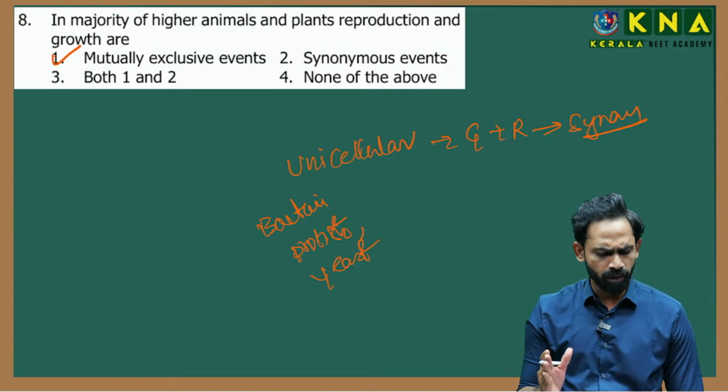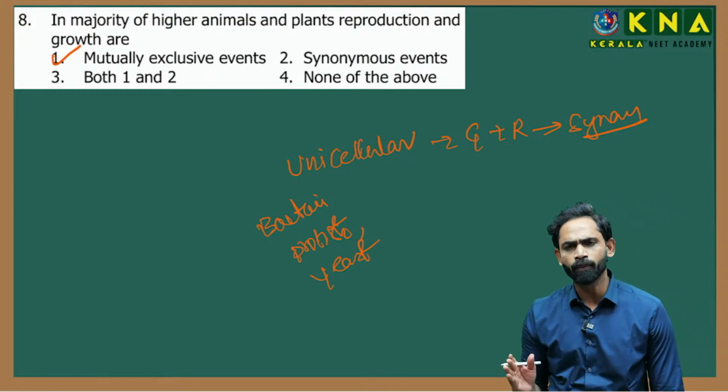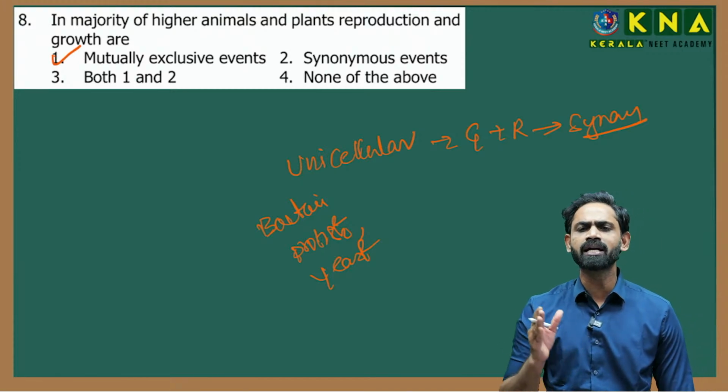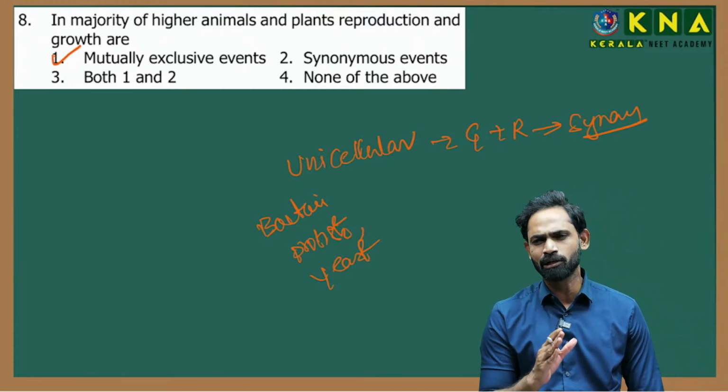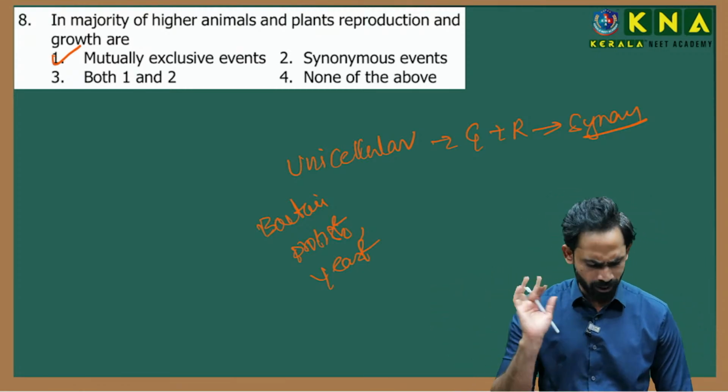So I am concluding question number 8. In unicellular organisms, growth and reproduction are synonymous. In higher plants and animals, growth and reproduction are mutually exclusive events. Okay, good. Next one.